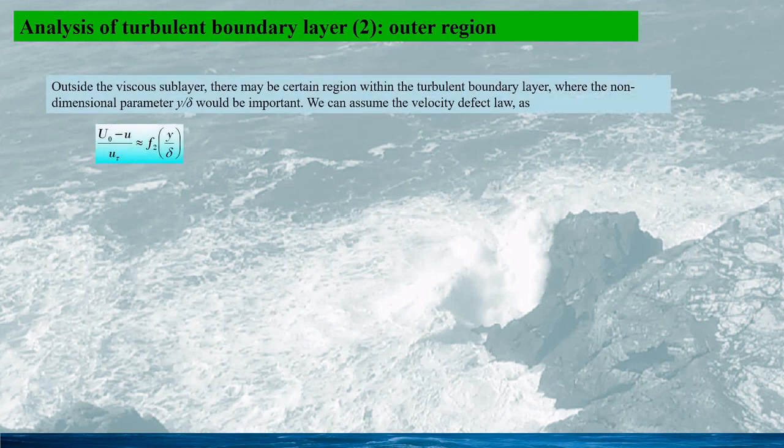Outside the viscous sublayer, there might be a certain region within the boundary layer where the non-dimensional parameter y divided by delta would be important. Based on this deduction, we can assume a velocity defect law as this expression.